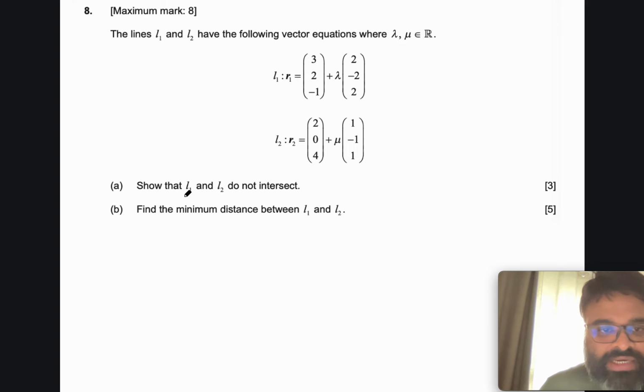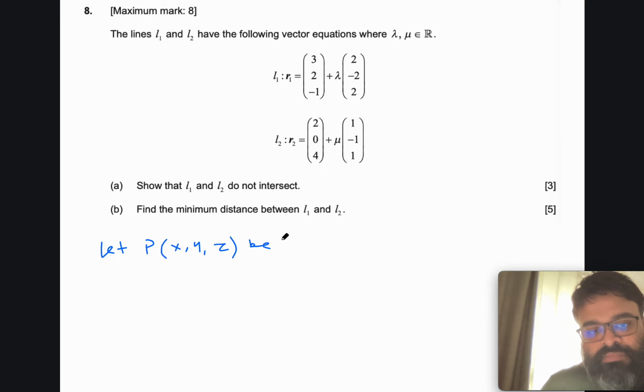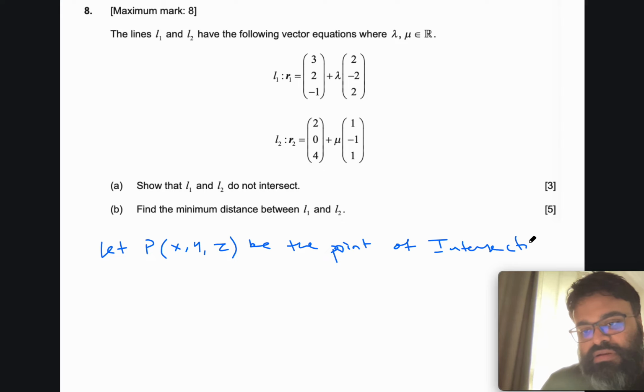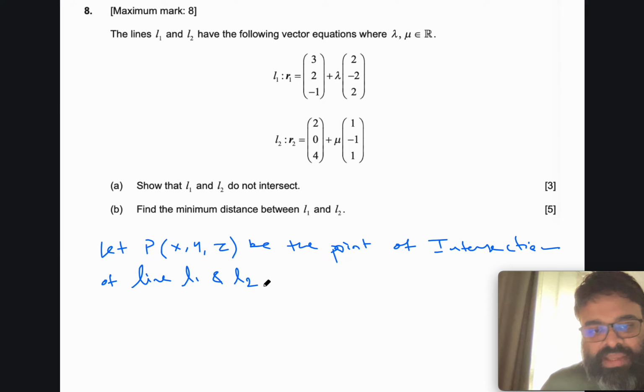Anyways, we have to prove that line 1 and line 2 do not intersect. So the way I do it is, let P(x, y, z) be the point of intersection of line L1 and L2. Let's assume that.